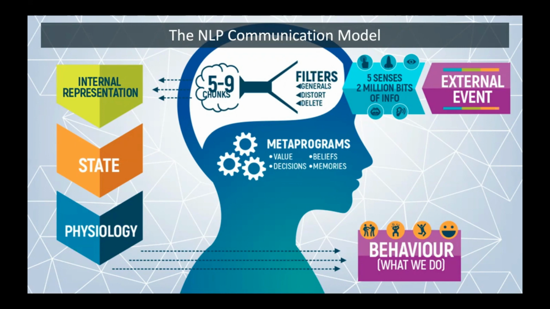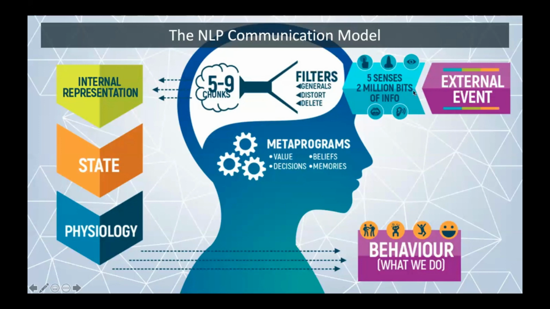Due to all these past experiences that have given us our values, our beliefs about the world and ourselves and people, decisions that we've made due to things that have happened to us in the past, and of course our memories, these create filters with which we filter the world.